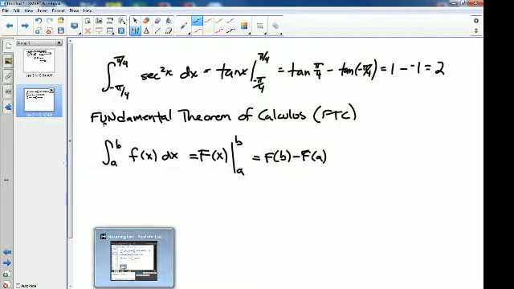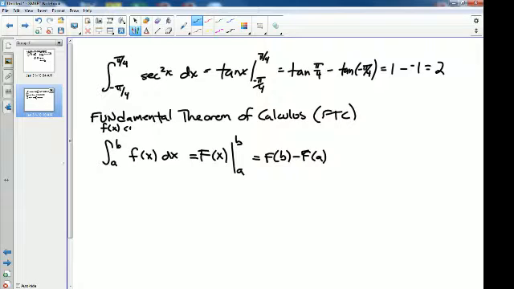So we have to have that f of x is continuous on [a, b], right?